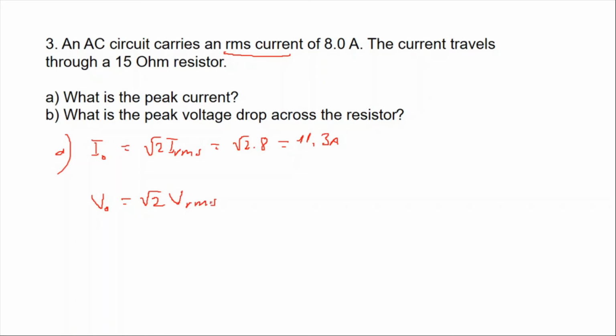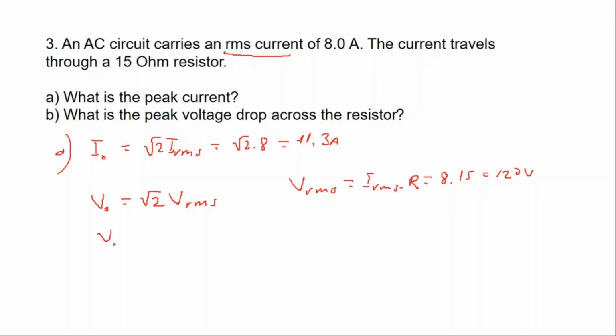But first we need to calculate the V RMS, and we know that V RMS is equal to I RMS times resistance. I'm going to use Ohm's law here. I RMS is given, it is 8, and the resistance is 15. It will be equal to 120 volts.